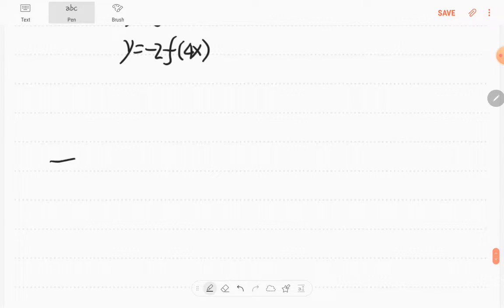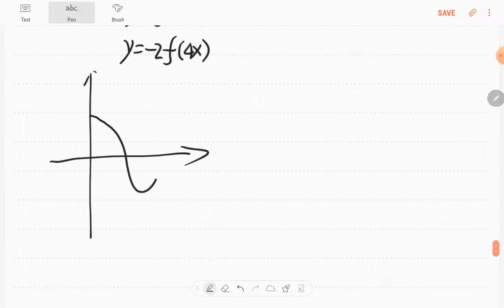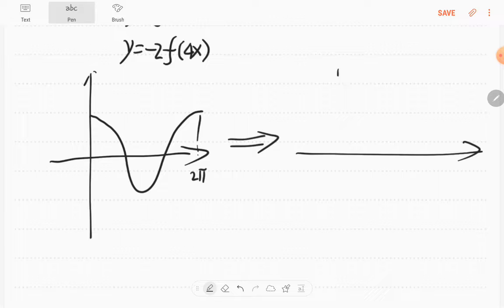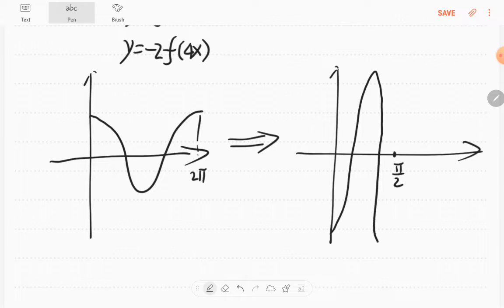Okay, so if the original function is this one, this is 2 pi, right? So now it becomes pi over 2. So it will be like this.